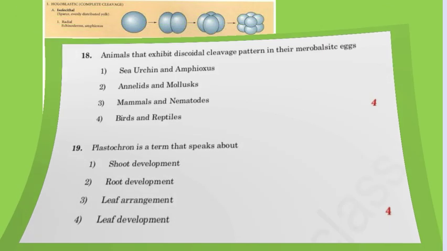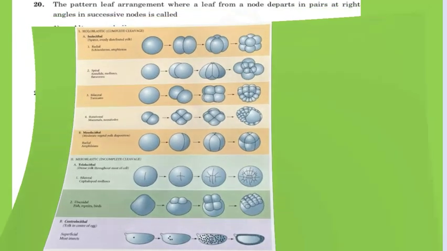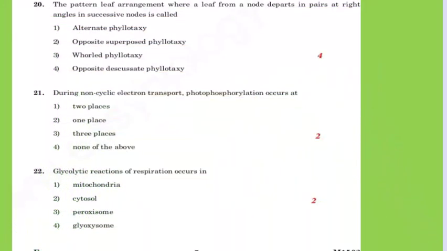Then the next question, the pattern of leaf arrangement where leaves from a node depart in a pair at a right angle in successive nodes is called as. Four options are there. The arrangement of leaves on a stem is known as phyllotaxy.